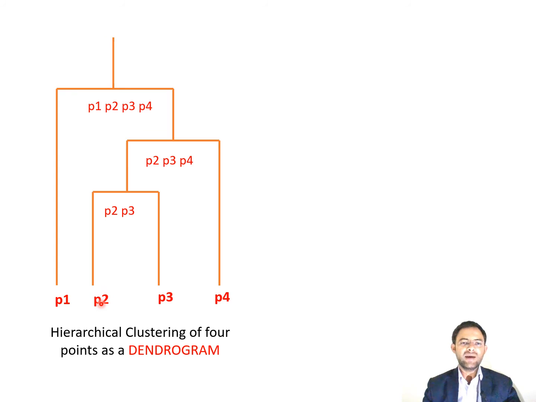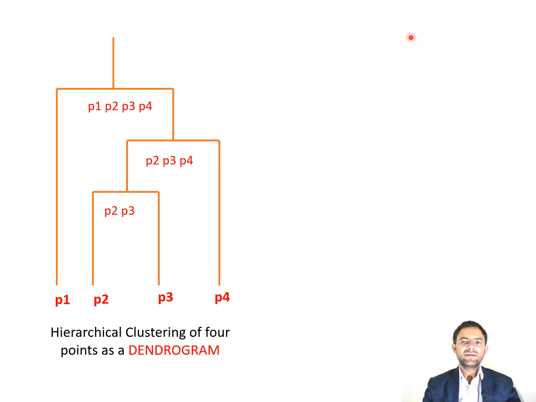Now here we have to make a grouping of two closely related taxa, closely related attributes or closely related units or points by drawing a line. So here I have made a group of points P2 and P3 by drawing a line, thus forming a P2 and P3 group.